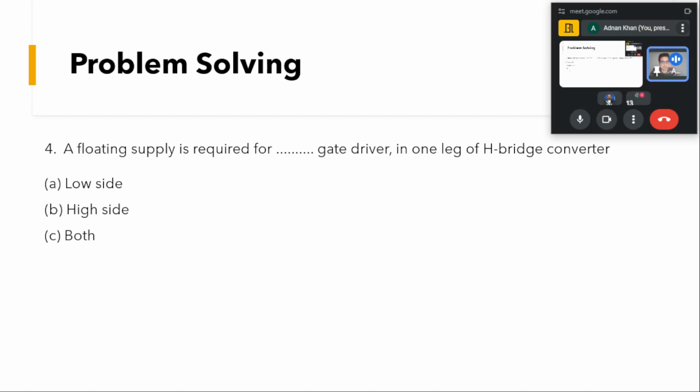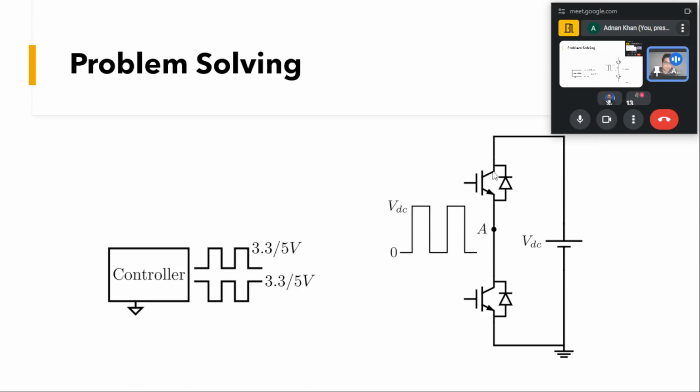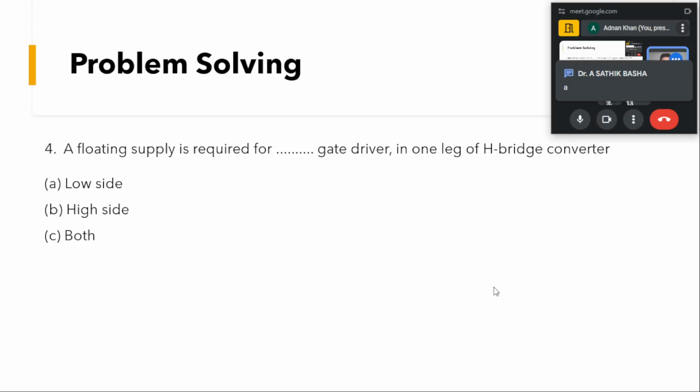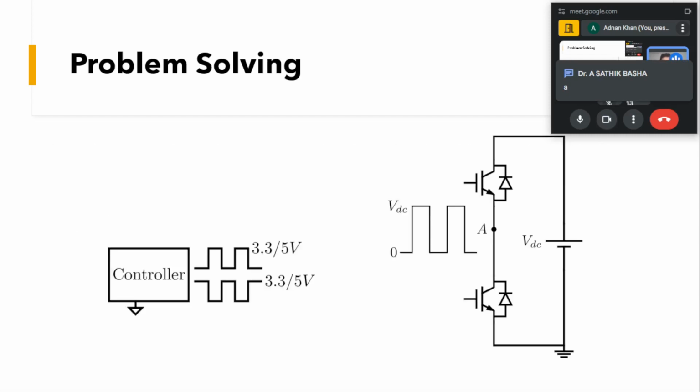So we had discussed, if we have one leg of an H bridge, we have the two devices, top device and bottom device. So option A is not a correct option. I'll go through the explanation and you can see.